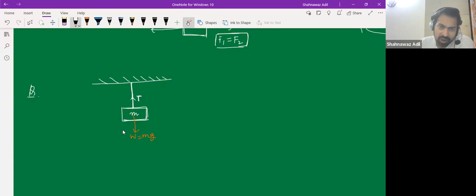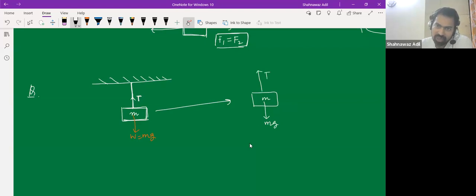Now this object is at equilibrium. First, let us draw the free body diagram of this object. We have this object, M, and downward we have mg, and upward we have tension. What would be the equilibrium condition, guys?